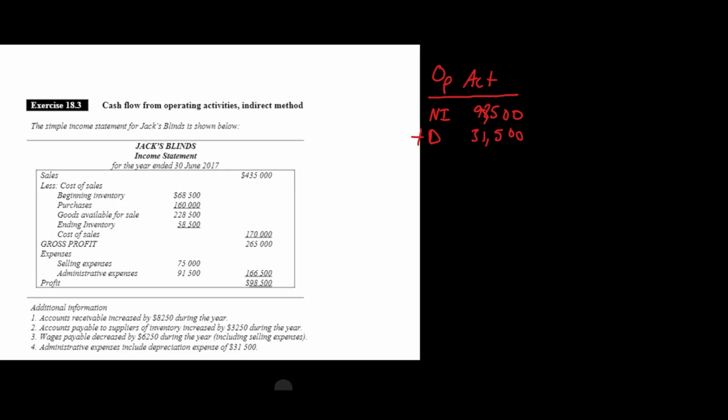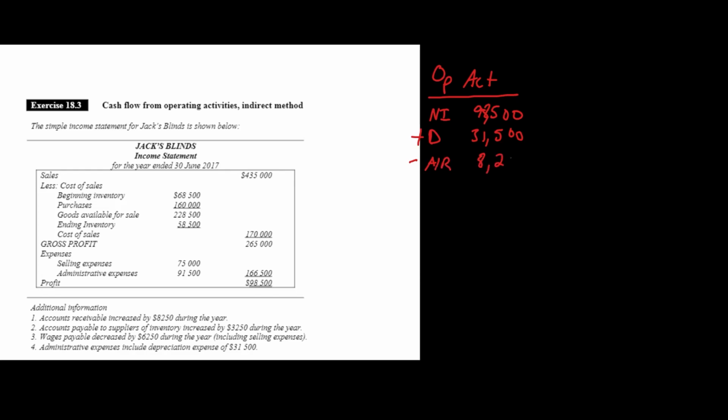So the next item would be looking at our current assets. These are our assets that pertain to our operations, things like accounts receivable and inventory. We can see here accounts receivable increased by 82,500, so we would subtract this from our net income.